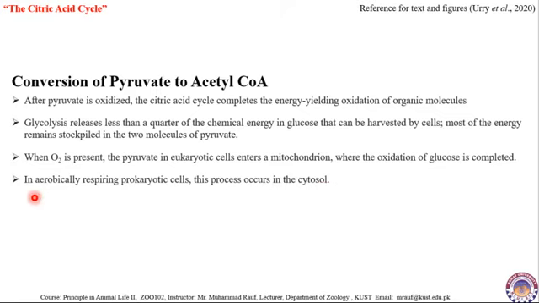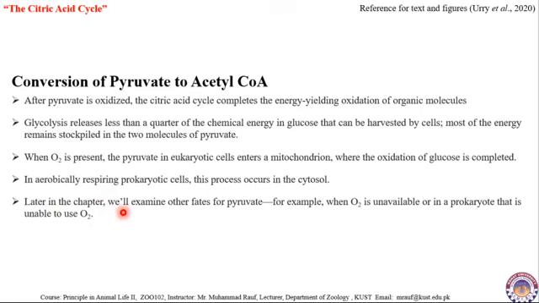Now, the prokaryotic cells lack mitochondria, so the processes of glycolysis, electron transport chain and Krebs cycle occur in the membrane of the cytoplasm or within the cytosol.